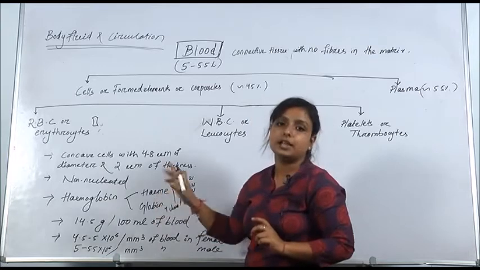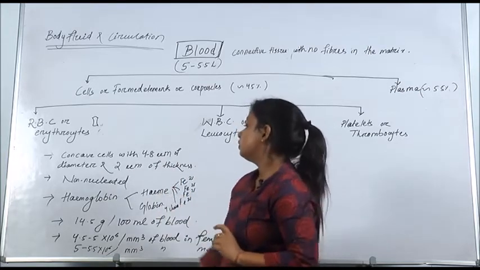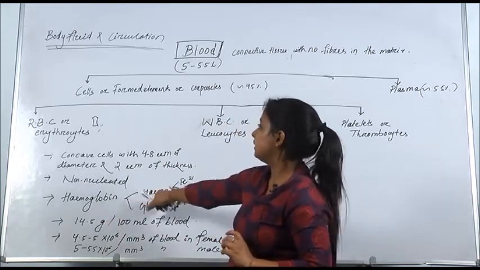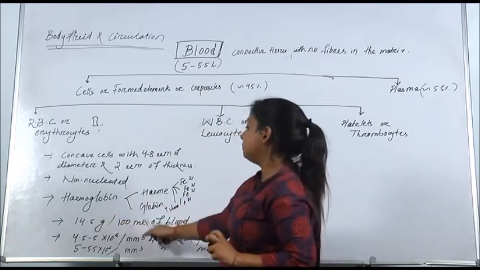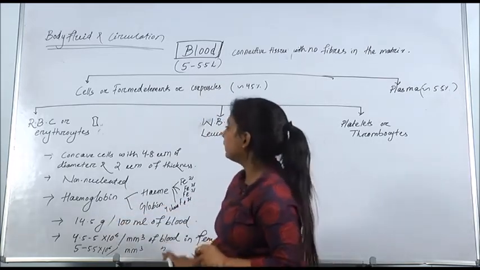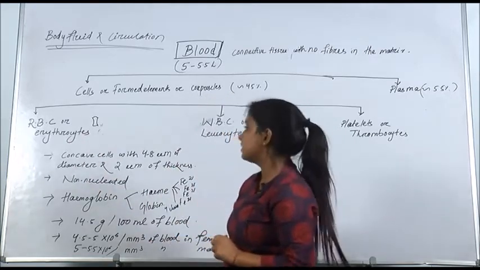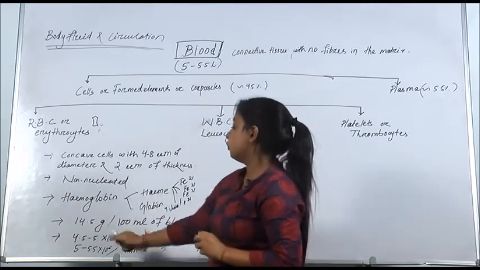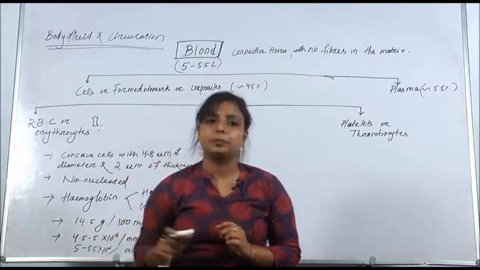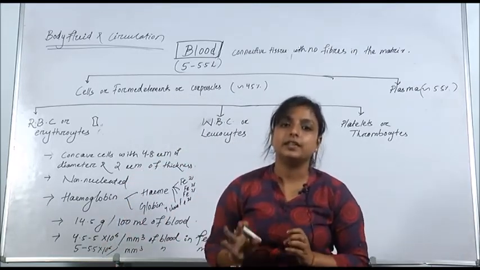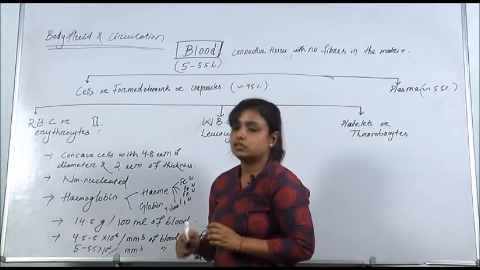These globins help in the carrying of carbon dioxide. The total amount of hemoglobin present inside the blood is around 14.5 gram per 100 ml of blood. The total count of RBCs present inside blood is 4.5 to 5 million in a healthy human female and 5 to 5.5 million in a healthy human male.